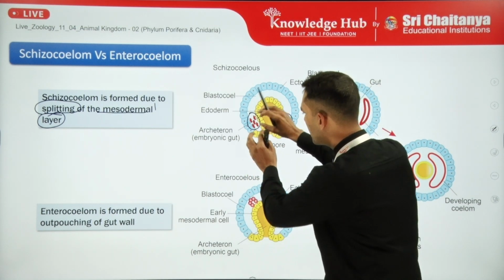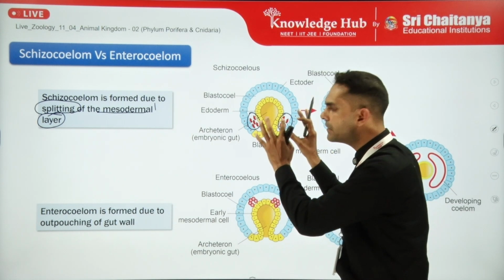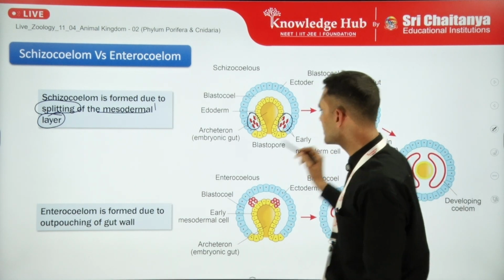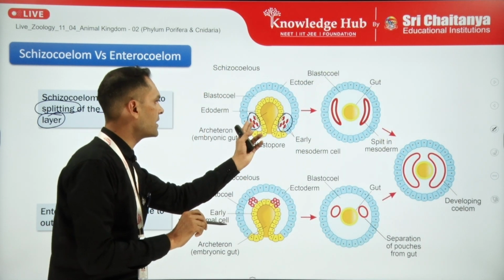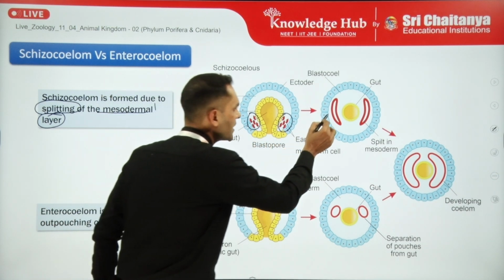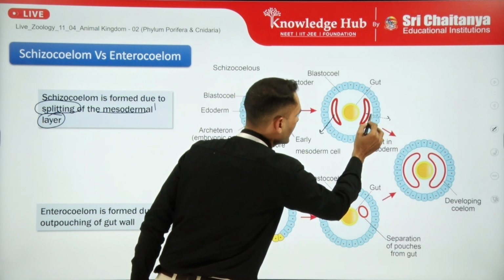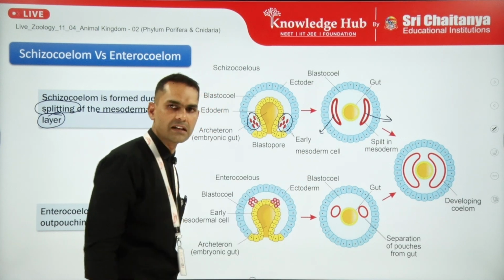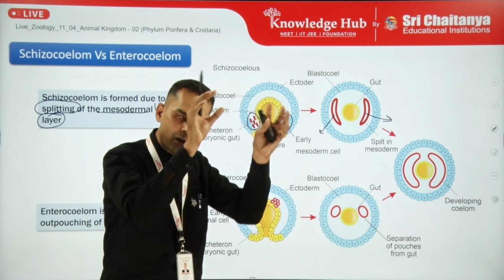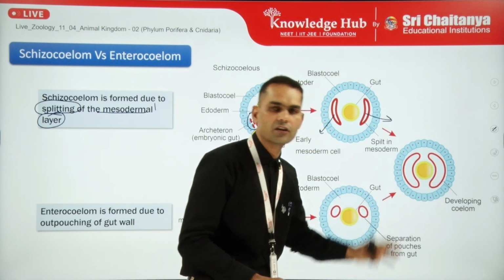So in this mesodermal mass of cells, in these two layers, the splitting will take place inside and there will be a formation of a small cavity. Like you can see, when the mesodermal mass cells have developed a cavity inside them, then such cavity is appearing as a little cavity in between the mesodermal mass cells layer, and further when this cavity develops and acquires whole of the space, then it results into the developing of coelom cavity.